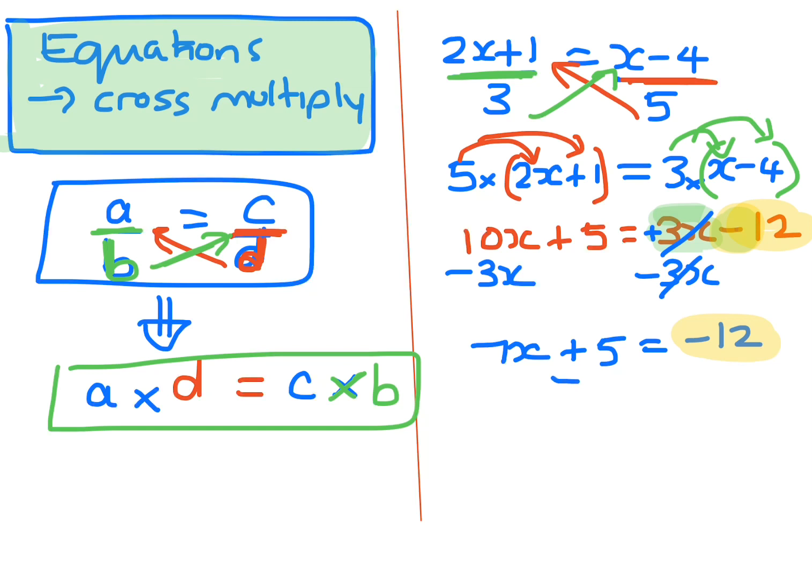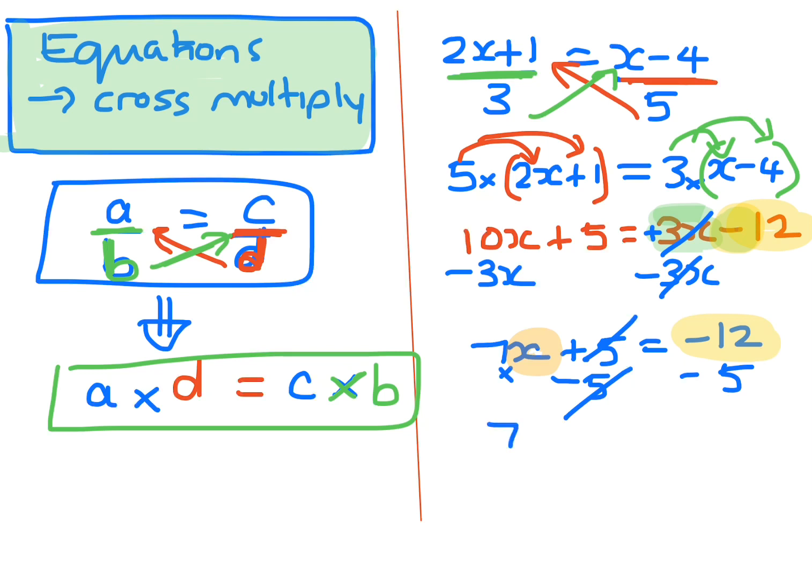Then we go minus 5, and the 5s go out because I did the opposite sign. Remember, we're getting rid of the thing furthest away from the x first, not the one that's attached to it, because when you're working backwards, you're peeling away from the outside until you get to your prize, which is this x here.